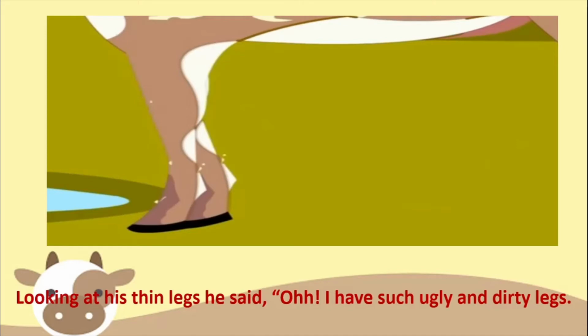They look so ugly. But look at my antlers. My antlers are so beautiful. How I wish that nature had given me legs which were as beautiful as my antlers." So he was busy looking at himself and praising his antlers and cursing his legs.